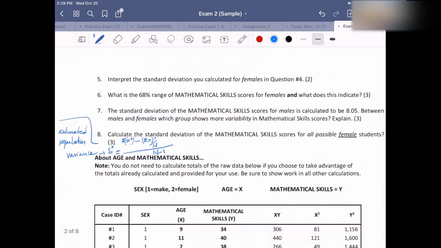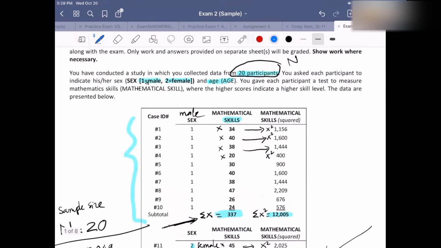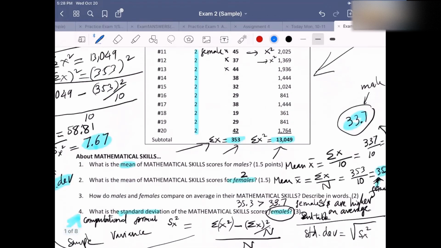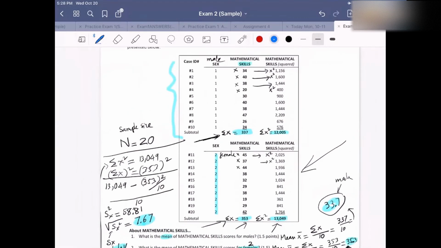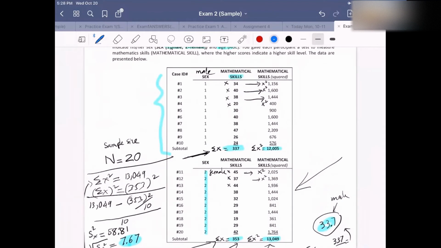All right, so last time you guys already did number 1, 2, 3, 4. You are given the table here, and you can see that the table is about the mathematical skill scores for males and females, right?